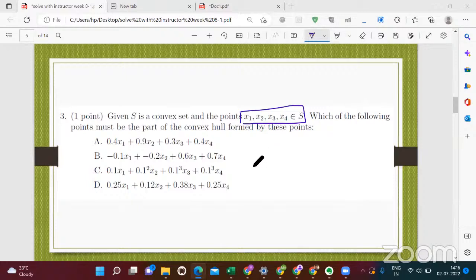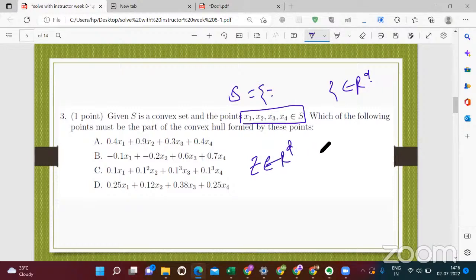The same property that you can use: if you have some set S that consists of all the points that belong to R^d, and Z also belongs to R^d as a convex combination of points in S, then whatever lambda you take, all the lambda should be greater than or equal to 0, and the summation of all the lambda should be equal to 1.